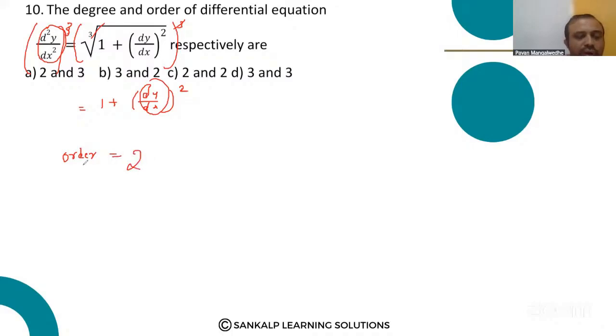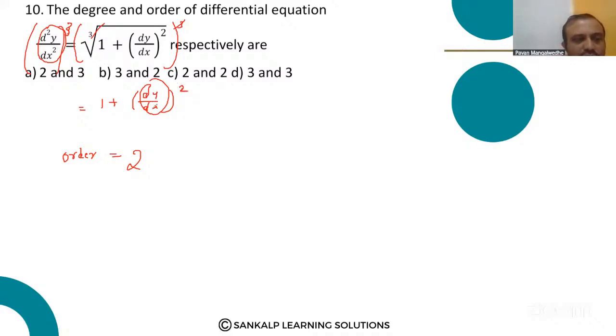Let me now determine the degree of the equation. The degree is the highest power of the highest derivative. d square y by dx square has a power of 3, and dy by dx has the power 2.